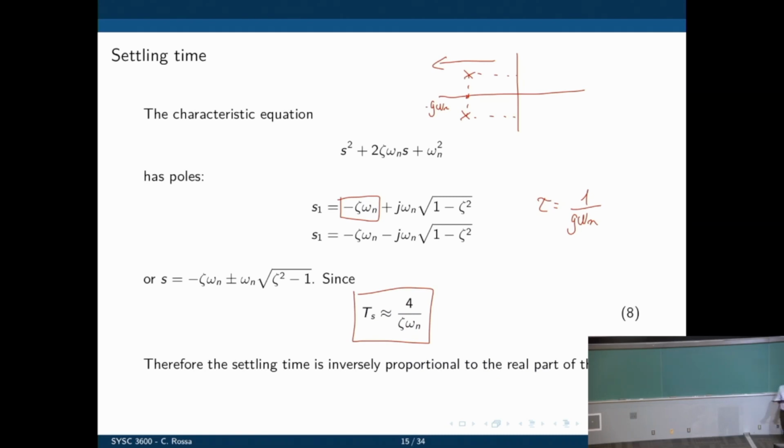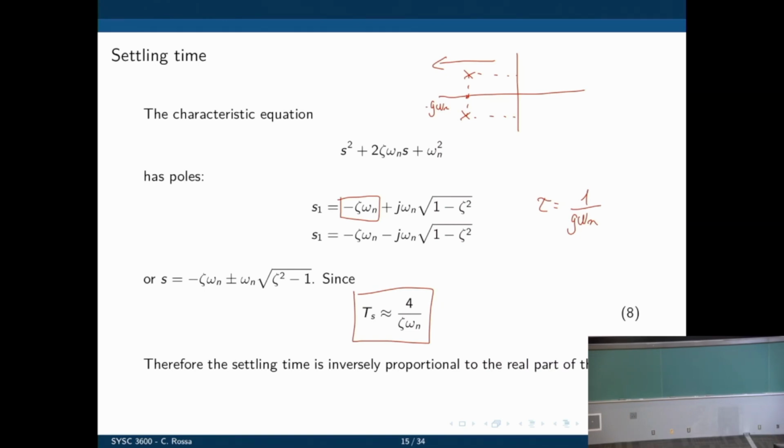The closer the real part of the pole is to the imaginary axis, the slower the system is. And the greater the real part of the pole, the farther we are from the imaginary axis, the faster the system decays, because the exponential has a coefficient on top. The larger the coefficient multiplying time in the exponential, the faster the exponential decays. Okay, so the time constant now is inversely proportional to, excuse me, not the time constant.